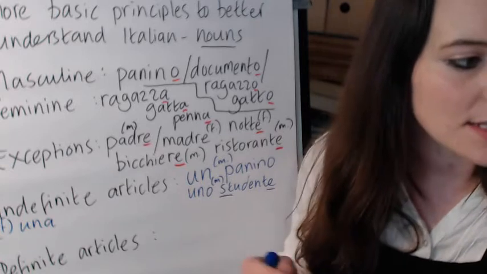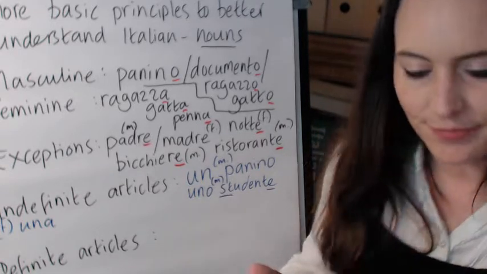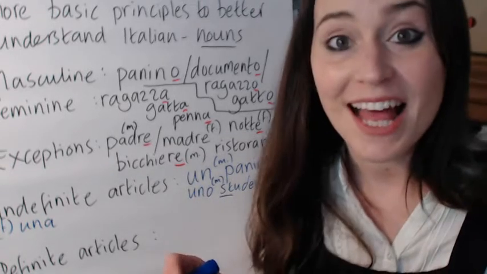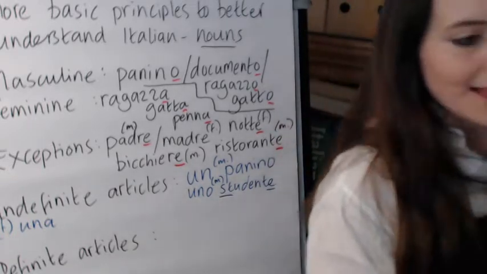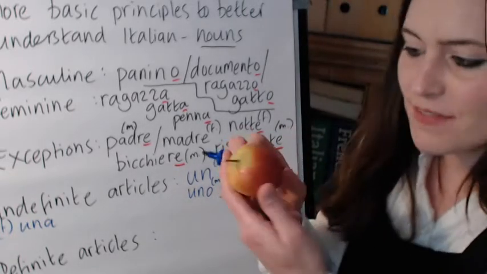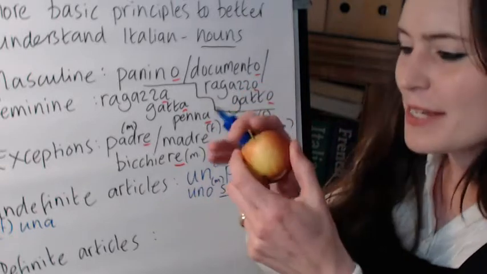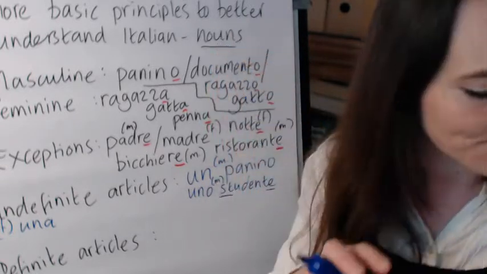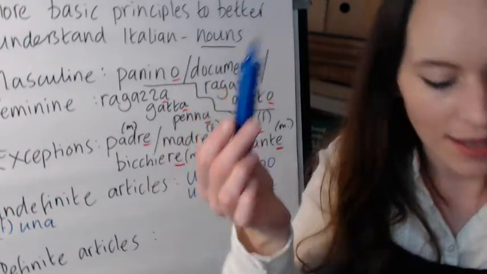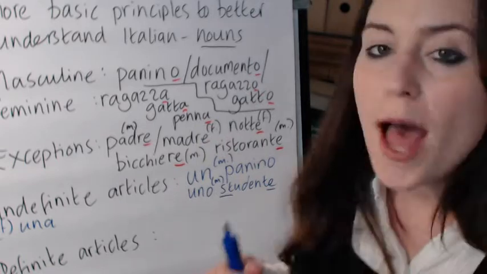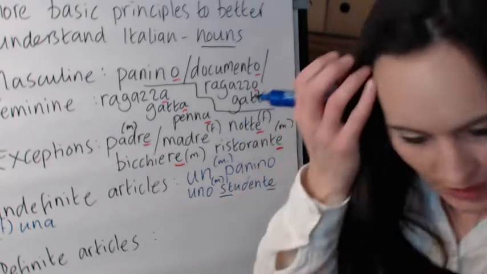So let's think of something. Una mela. Una bella mela. Nice apple. Lovely. A little bit small though actually, but una mela. Una penna. Una macchina. That's a car.